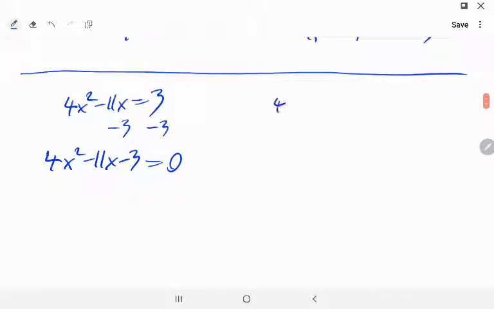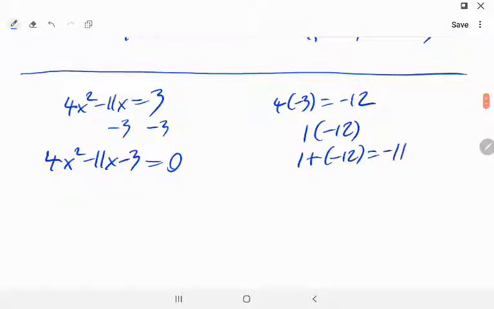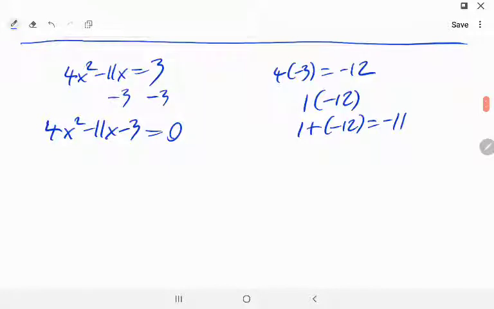We know 4 times negative 3 is negative 12. We know 1 times negative 12 is negative 12, and 1 plus negative 12 is negative 11. So we can write it as 4x squared minus 12x plus x minus 3 equals 0.